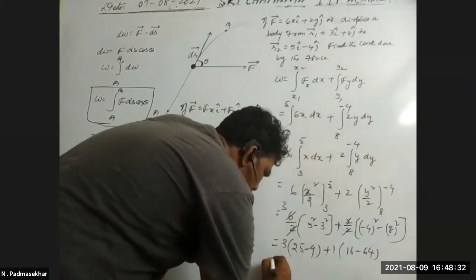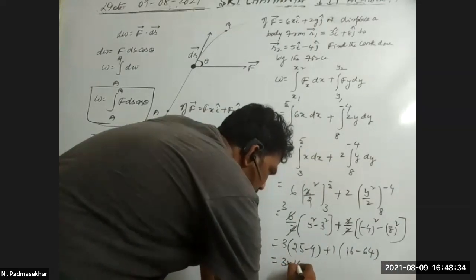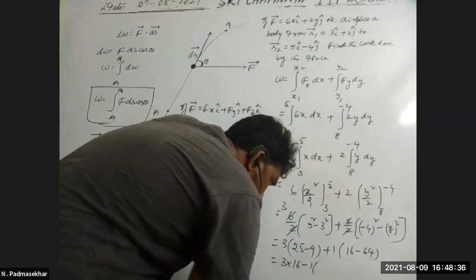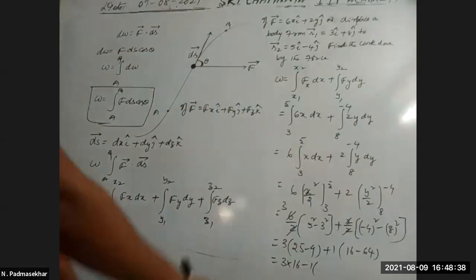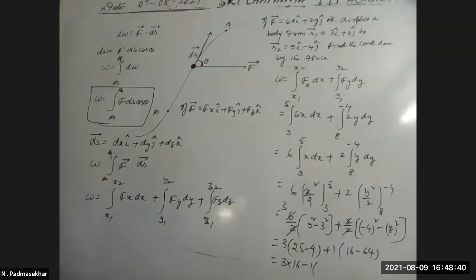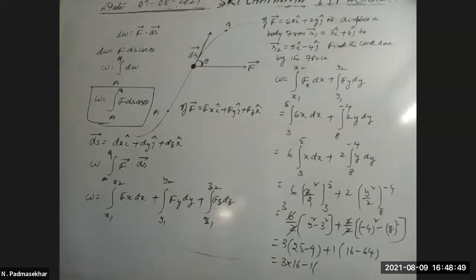So 3 into 16 is 48, and 16 minus 64 is minus 48.